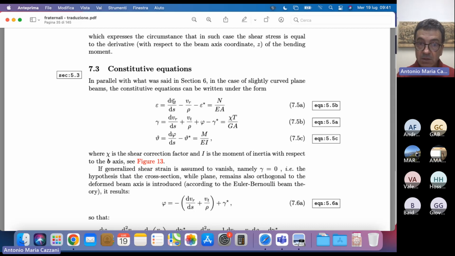And we see that epsilon is related to N over EA. E is the Young modulus and A is the area of the cross-section.